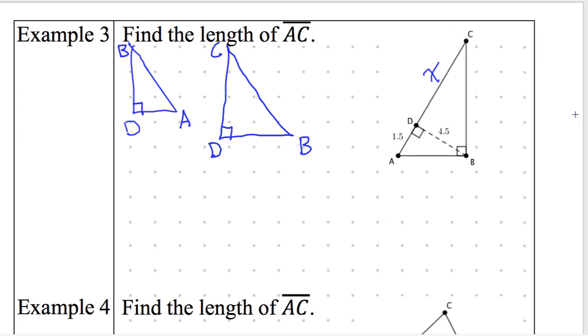All right, Leo, can you help me label these triangles with what each length should be? So DB. 4.5, good.